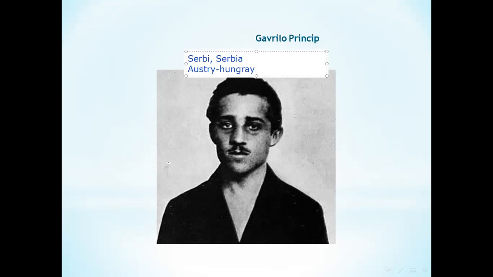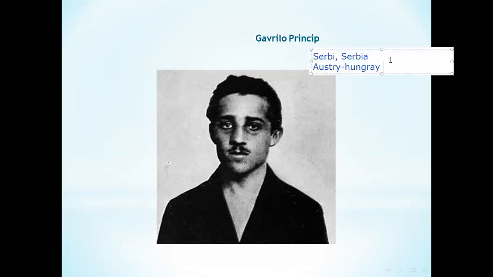Remember, Austria and Hungary were one country. Now, there were some greedy ideas from other countries. They wanted to divide Austria from Hungary and to make it separated. So who was the king of that country, actually? The Duke Ferdinand, the one who was killed.